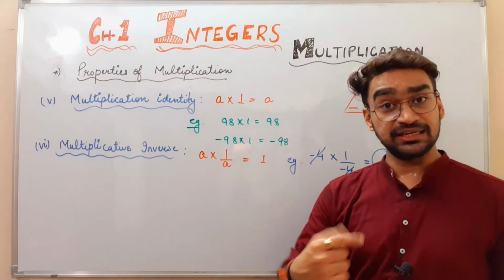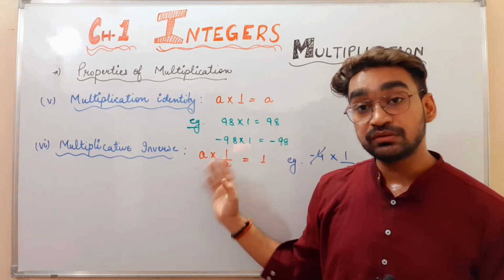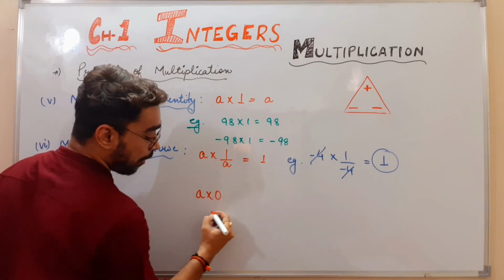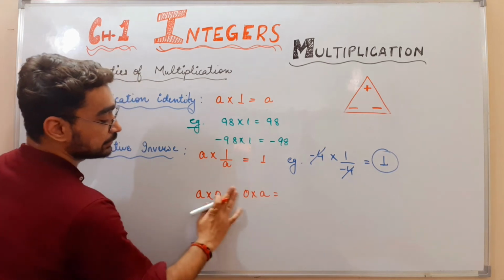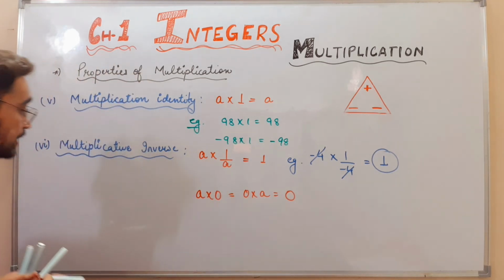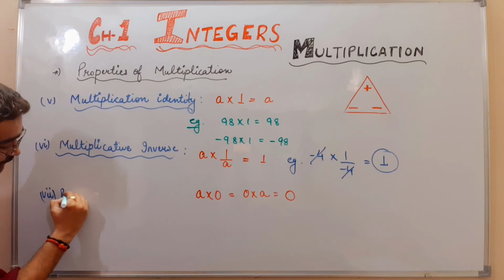What about if you are multiplying any number with 0? If I am saying a into 0 or 0 into a, they both will be equal to 0. That is called the property of 0.